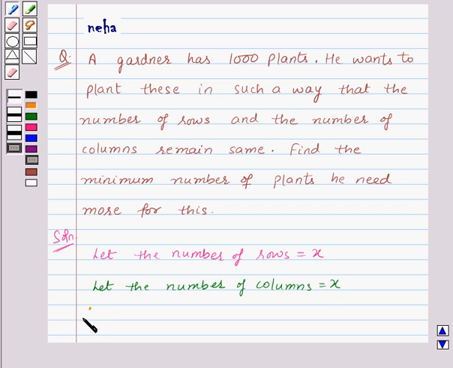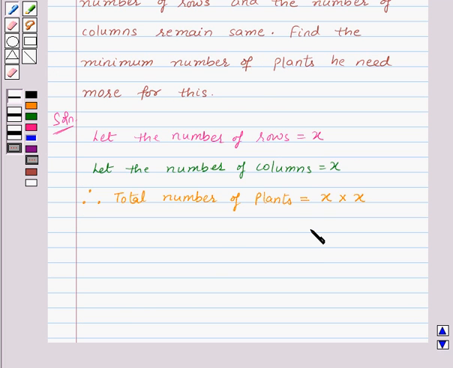Therefore, the total number of plants is equal to the number of rows, that is x, into the number of columns, that is x, which will be equal to x square.